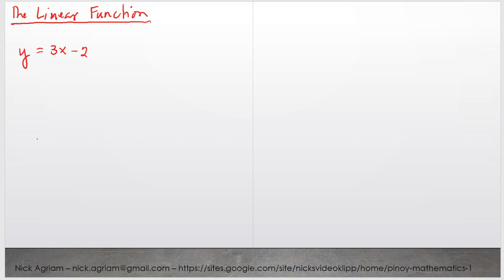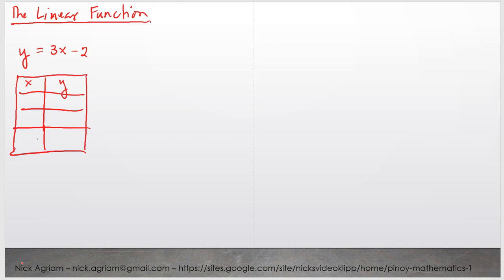Okay, let's see the table. Table is always x and y. The good thing with linear function is it's enough to have 2 points to connect them, and then you have the graph.